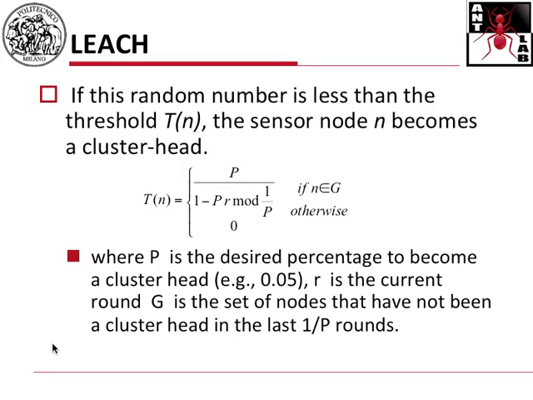Let's stop here for one second. A few observations on this clustering rule. As you can see, this clustering rule does not depend on any physical parameter of the network.